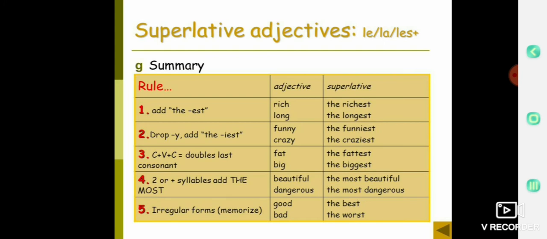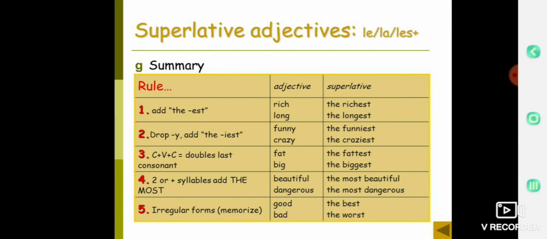Now next is two or more syllables at the most. If there is a big word like beautiful, dangerous, handsome, comfortable, what you did in the comparative degree was add more to those big words. Here in the superlative degree, you have to add most to it.